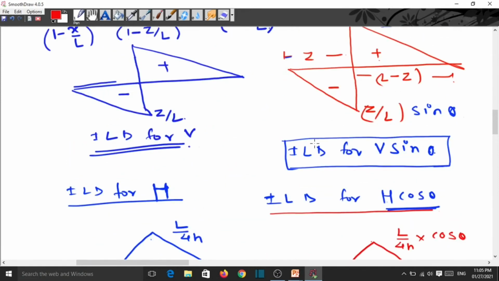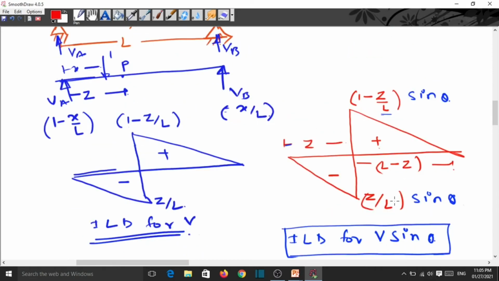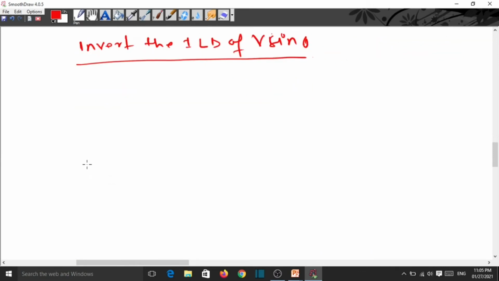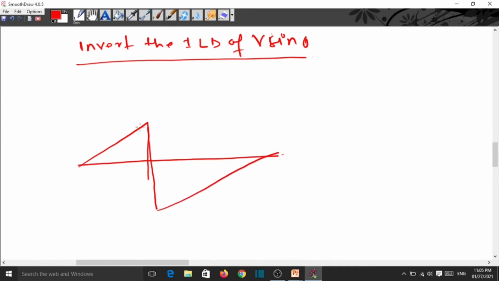So here this plus is above the line and this minus is above the line and plus is below the line. So first we draw here, inverting this diagram. The ordinate is the same, that is Z by L into sin theta.